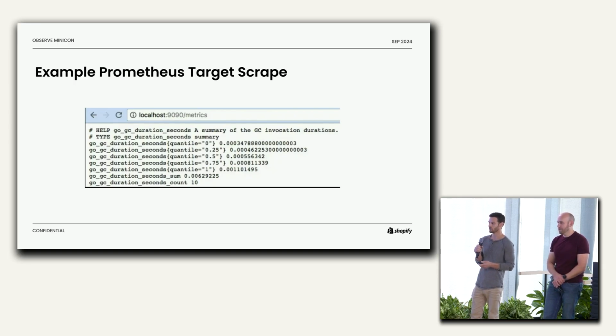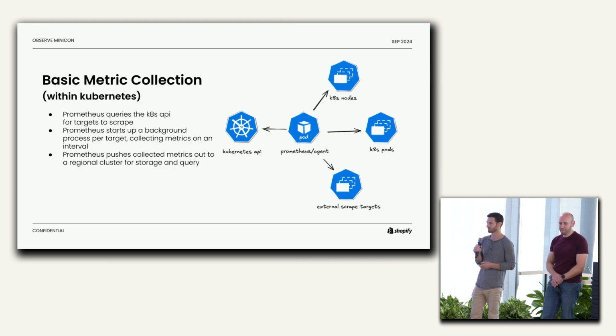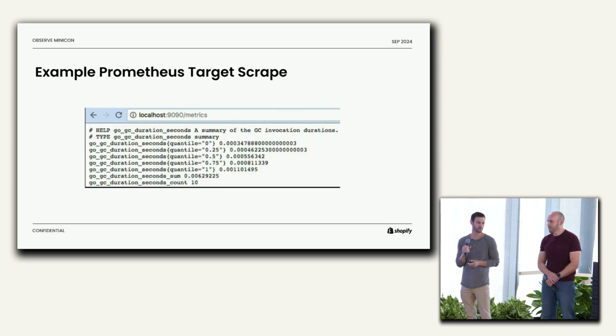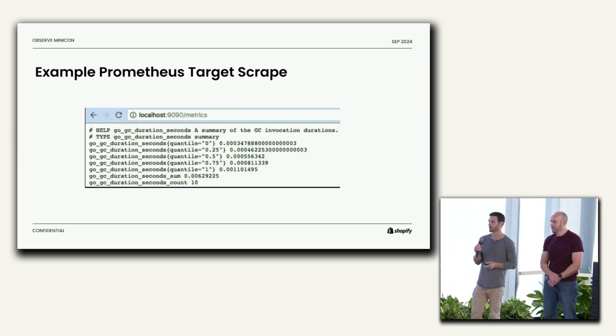And so, like Aaron was talking about before, if you're a small company, a small startup, you have hundreds of targets, and a simple metrics collection system is going to get you by pretty well, but we run into a lot of scaling issues at our scale.